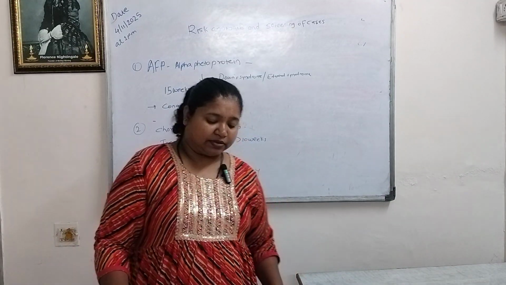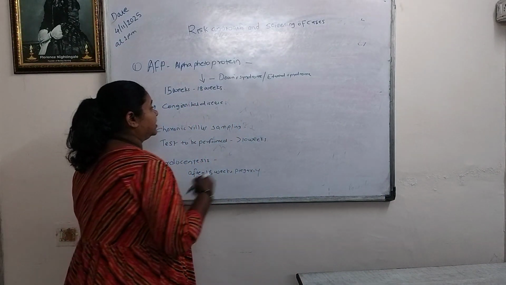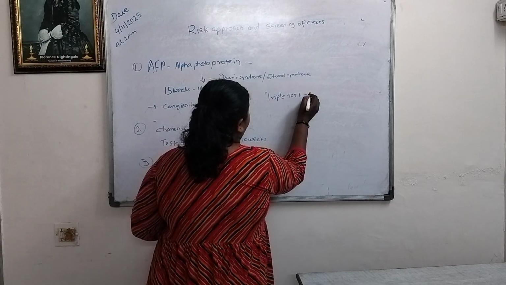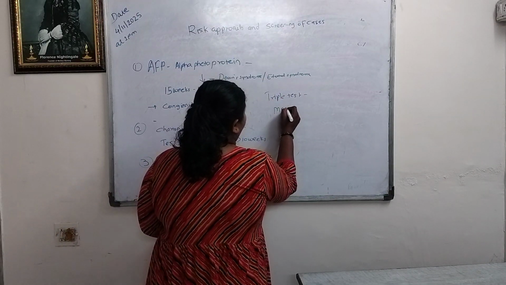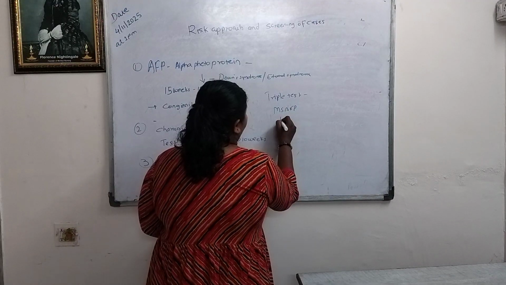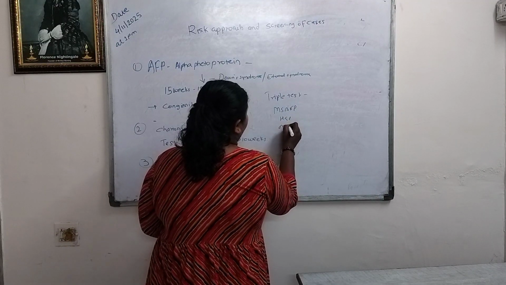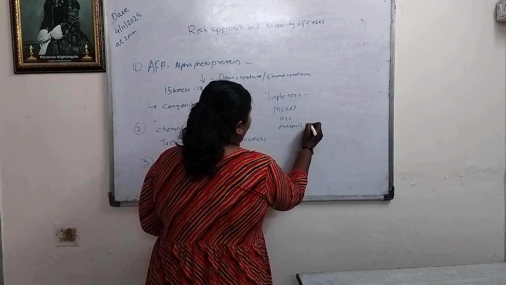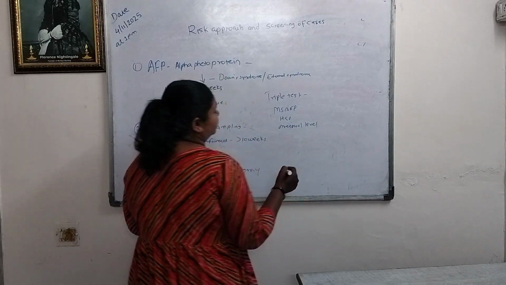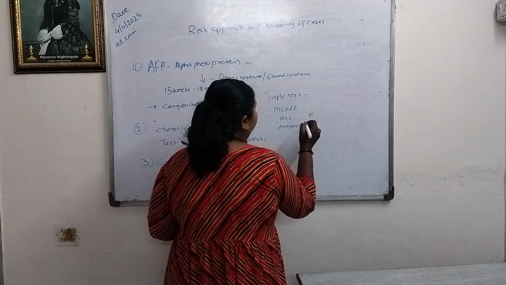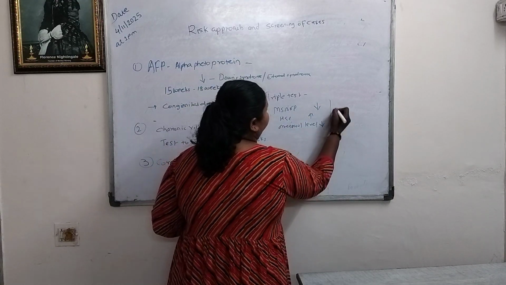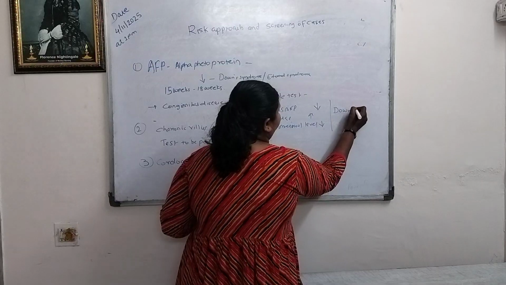The time for performing this triple test is 16 to 18 weeks. If HCG is high and fetal protein is low, and even estrogen level is low, it's a confirmed Down syndrome.